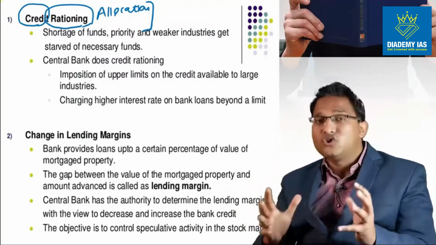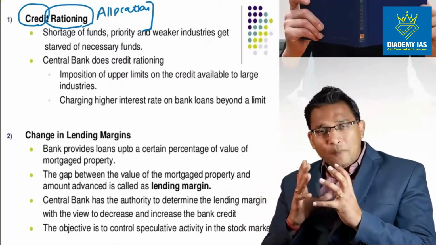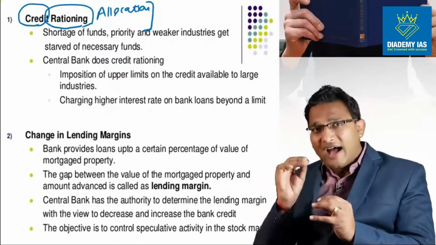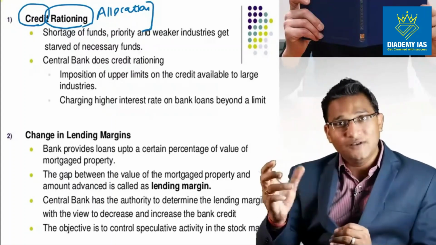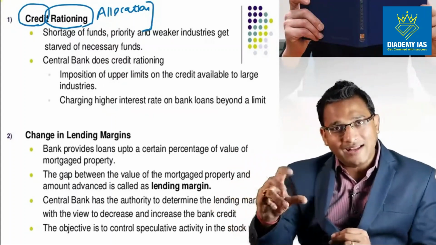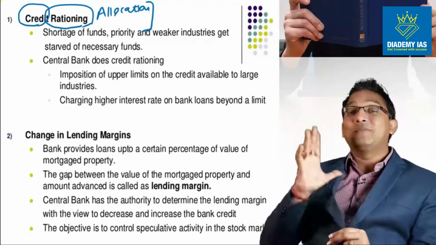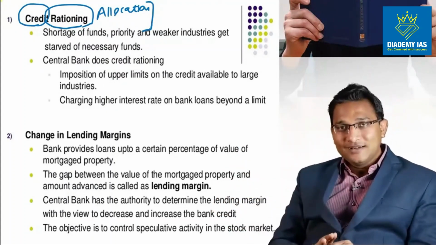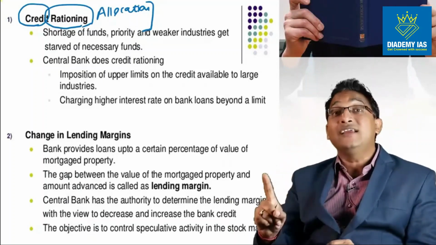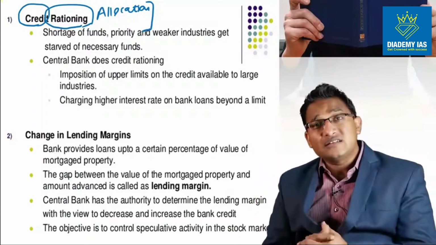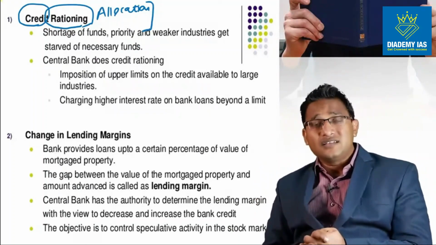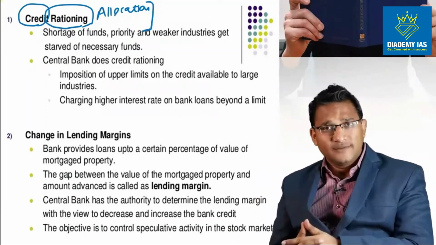But going by the logic, a banker will always think that I should give a loan to the person who has some property, because in future, if the person is not earning, I can sell the property and get my money back, right? The banker will never think to give a loan to the poor. But do you think this is the required, this is the desired situation?